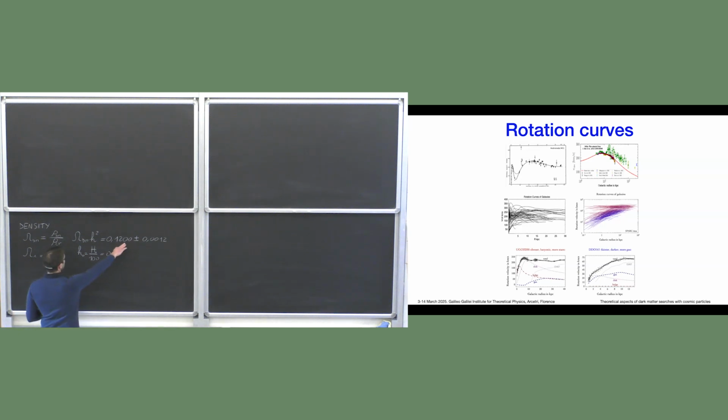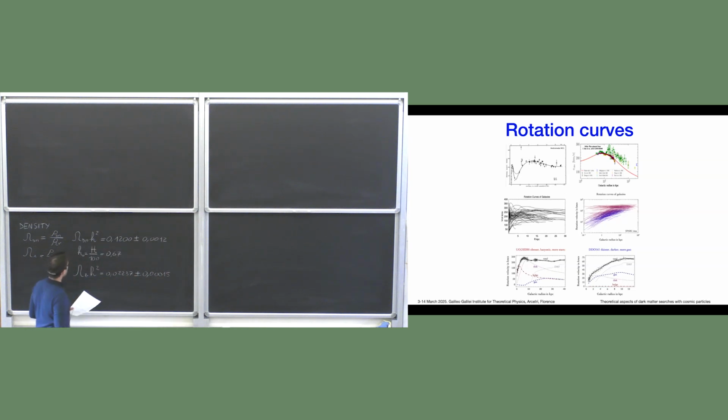And dark matter makes most of the matter in the universe. In fact, the value for the baryonic matter, omega b h squared, is equal to 0.02237. Also this one, of course, is measured very, very precisely.